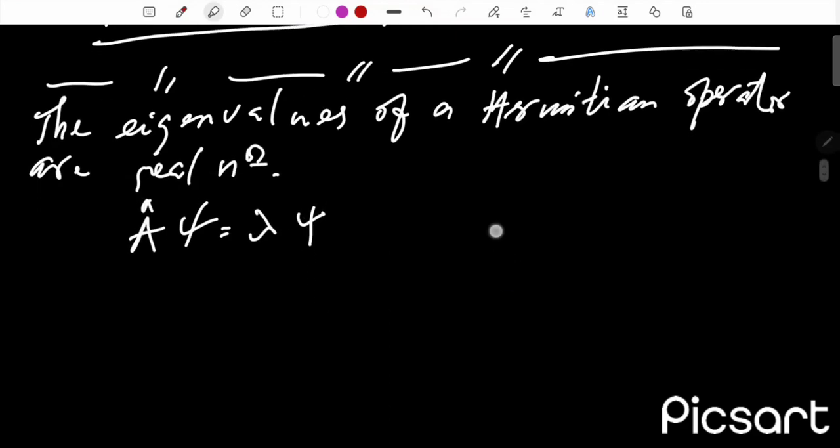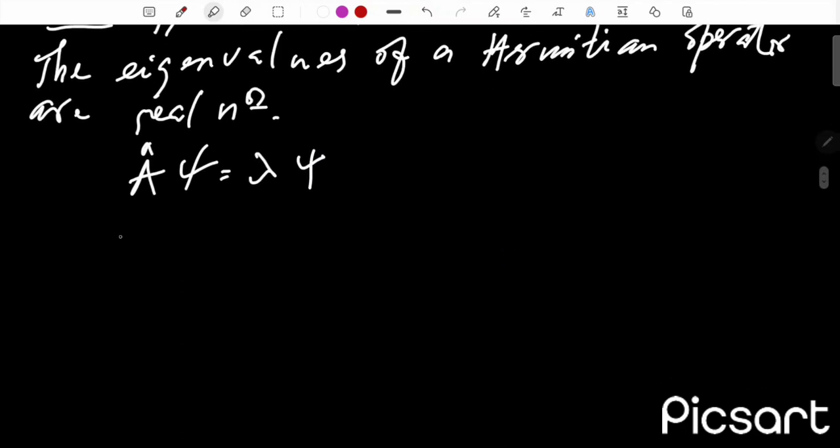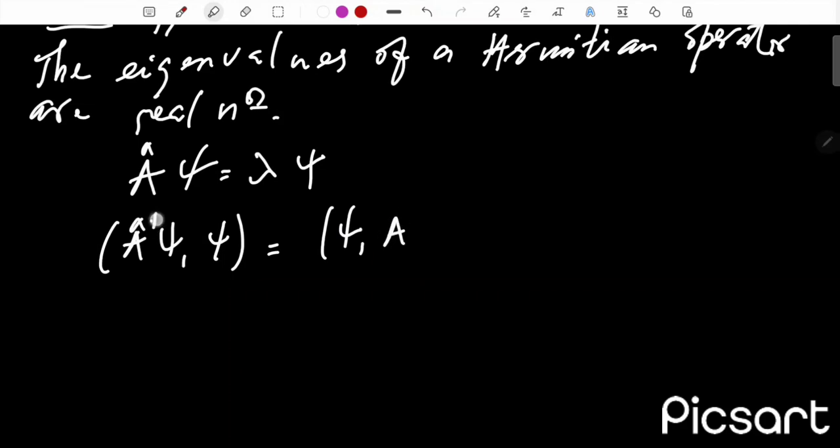And from here we can take, for example, the inner product of psi with A acting on psi, equal to, here we have A dagger, and here we have A acting on psi.